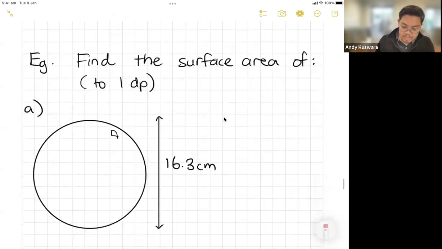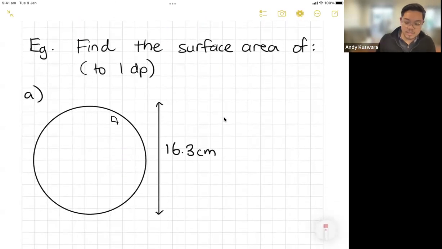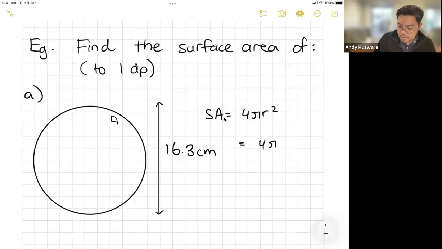Let's take a look at some of these ones here. Let's find the surface area to one decimal place. The first one: we know the surface area is 4 pi r squared. So it's 4 times pi times radius squared. Our radius is half of 16.3 because that's the diameter, so I'm going to write 16.3 over 2 and square that.